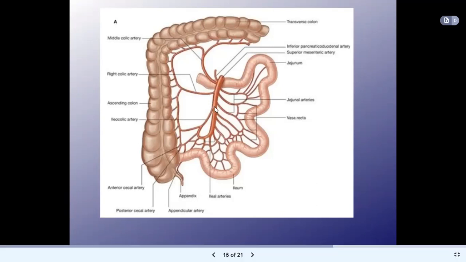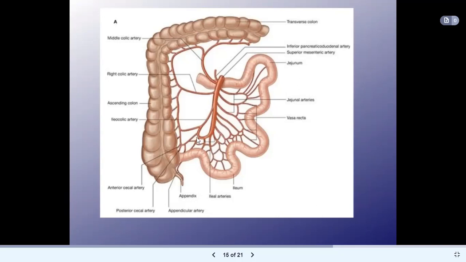Now, let's look at another artery that we mentioned, which we said is the ileocolic artery. So here you see ileocolic artery, which is also part of the branches of the superior mesenteric artery. From the name ileocolic, it shows you that it supplies ileum and colic, so ascending colon.